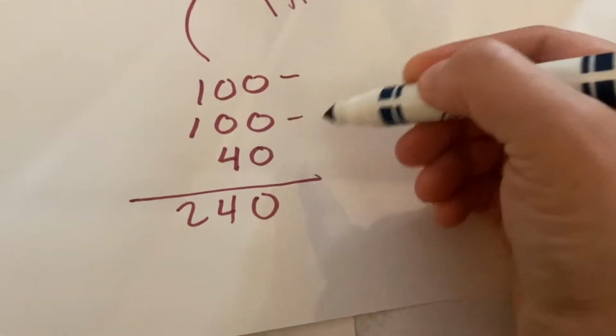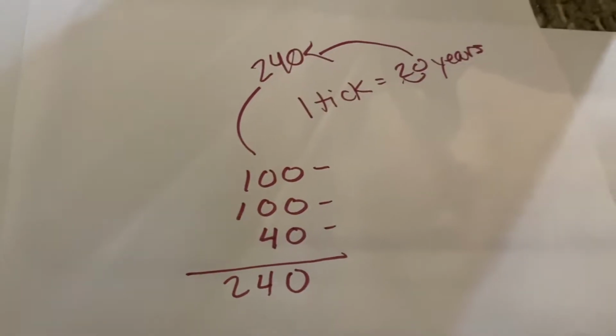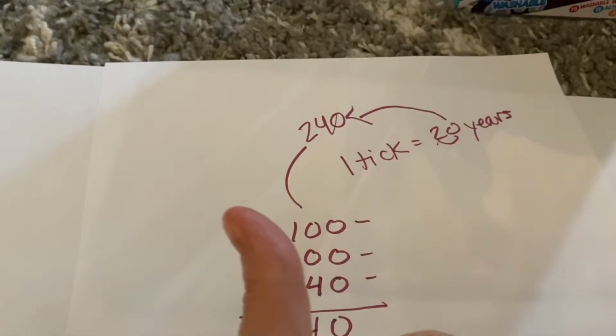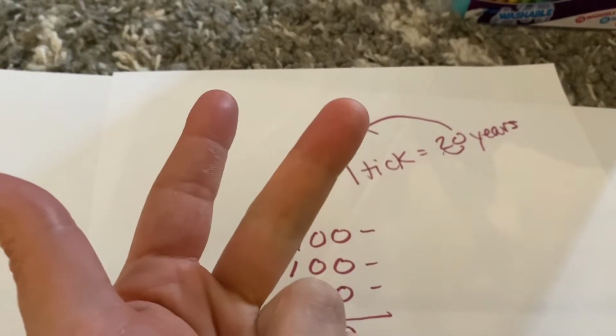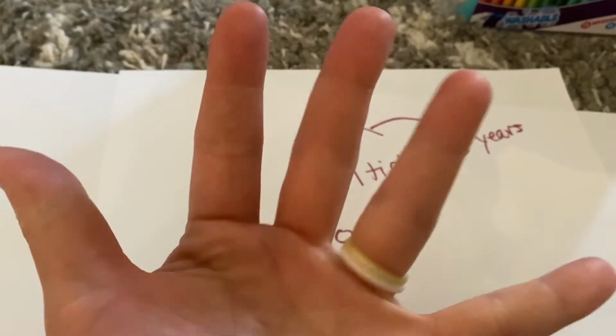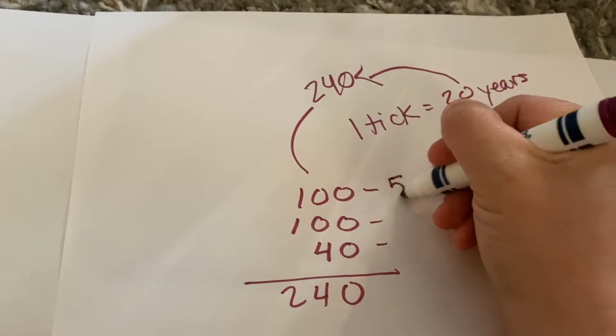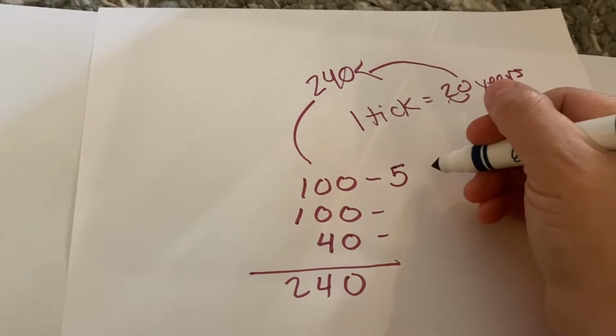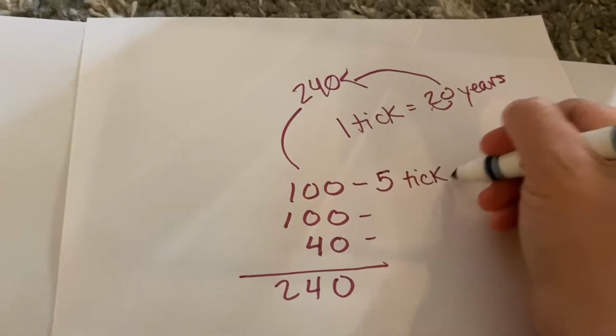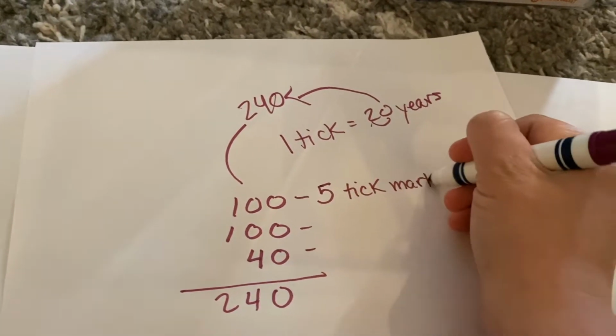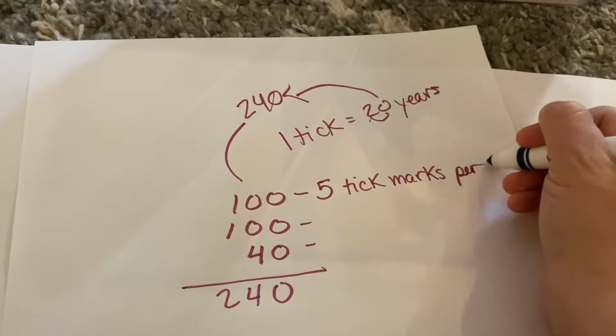How many times does 20 go into 100? Let's see. 20, 40, 60, 80, 100. It goes in 5 times. So we have 5 tick marks per 100 years.